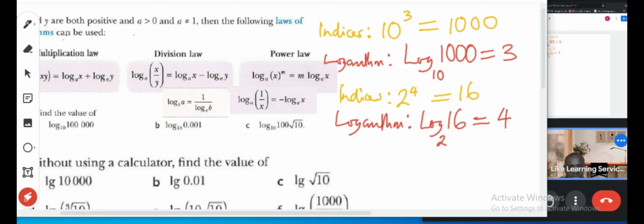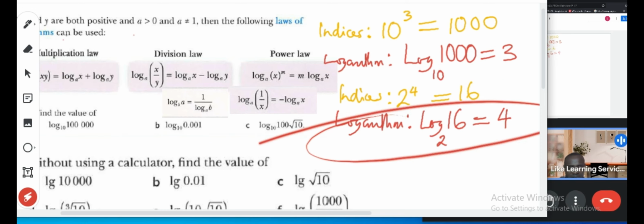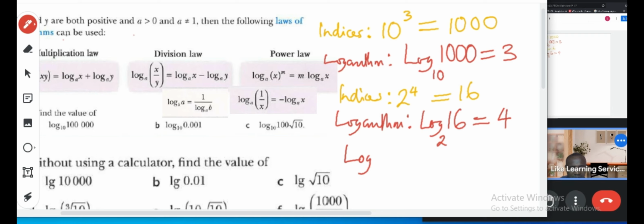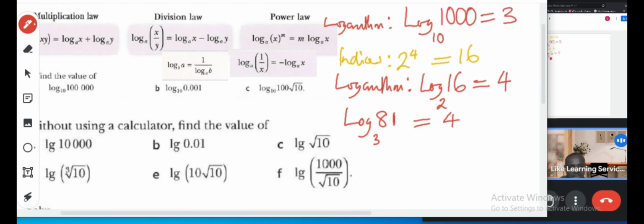I've changed indices to logarithm. Let's try and change logarithm to indices. Let me write log 81 in base 3 equals 4. Change it to indices.